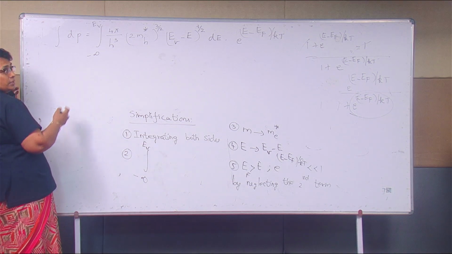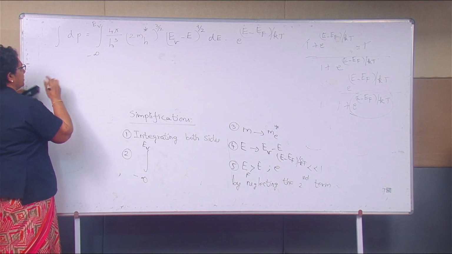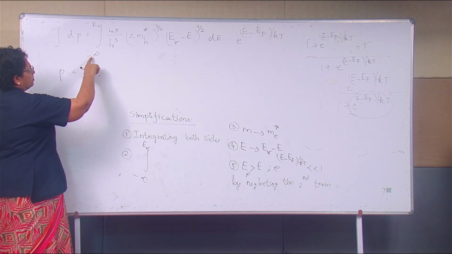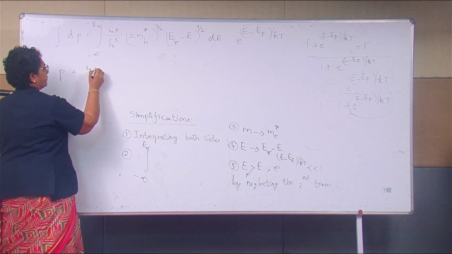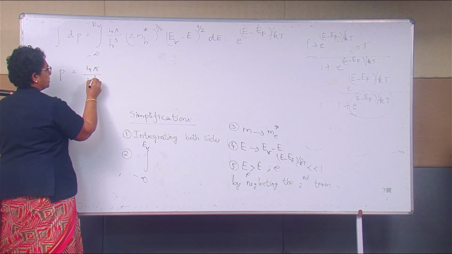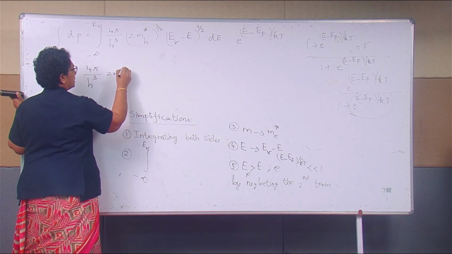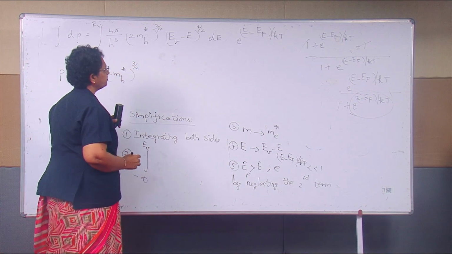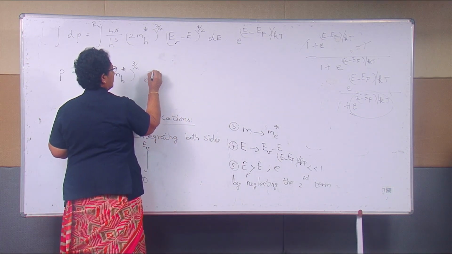Now, you can integrate this. By integrating the left side, you will get P, which denotes the number of holes in VB. Before integrating this, you have to take all the constants outside, as we did for electrons in conduction band. So, 4 pi by h cube, 2m h star to the power 3 by 2 and e to the power of minus EF by KT can be taken outside.